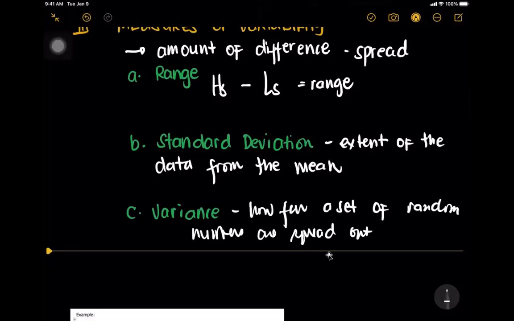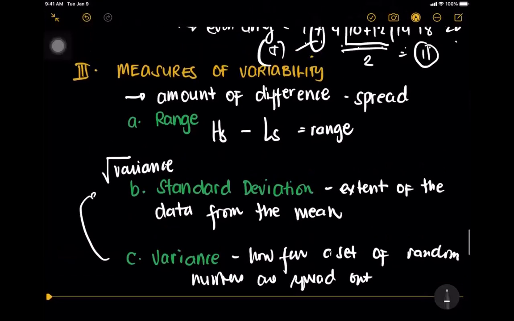Your variance is actually the square of your standard deviation. So your standard deviation is the square root of your variance. Do not forget that.